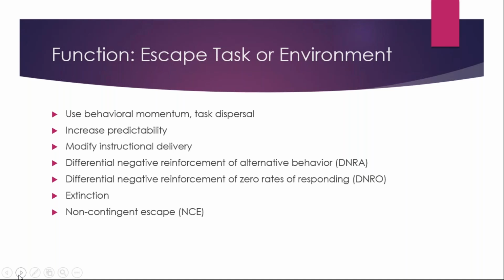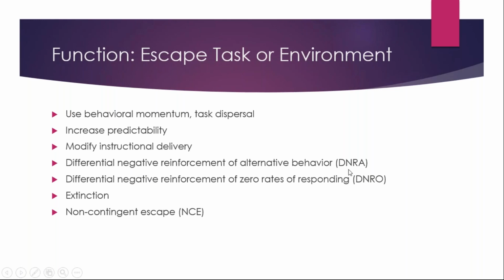You want to increase predictability, like we said before. You want to provide breaks from work on a time-based schedule for that child as well, and then allow the break from instruction, as I said before. Allowing a break when the problem behavior has not occurred for a specific period of time will help decrease the amount of challenging behavior that is taking place.